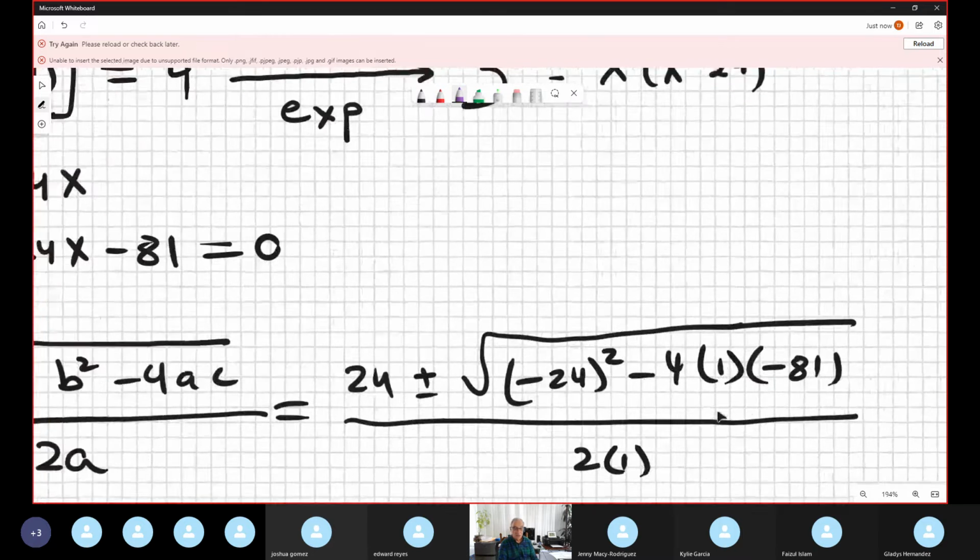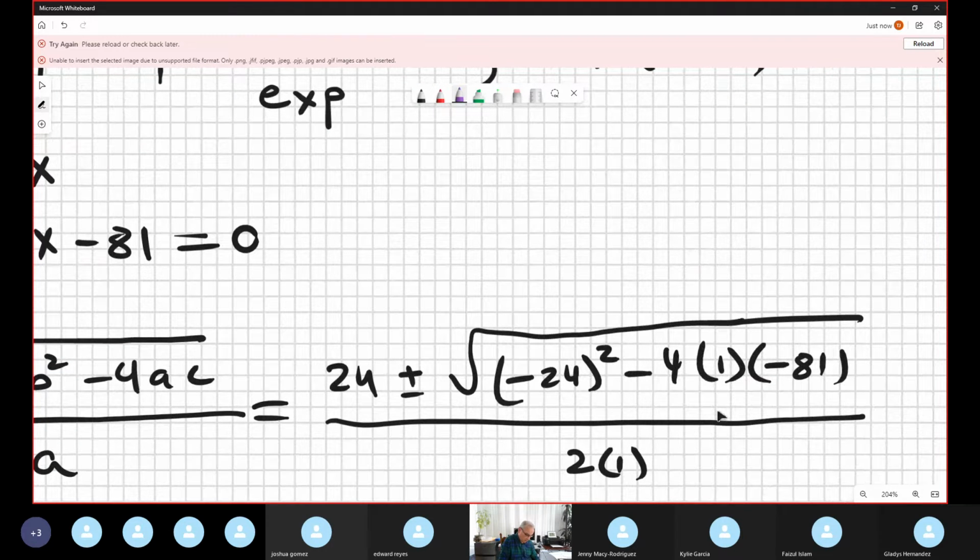24 squared, let me try. 24 squared is 576. Oh, be careful, double minus becomes positive. And 81 times 4 is 324.